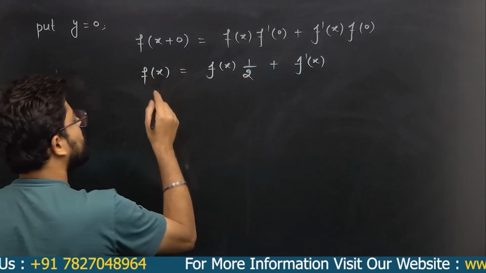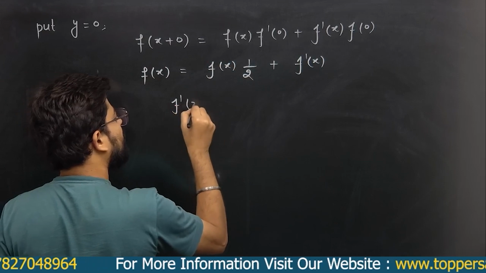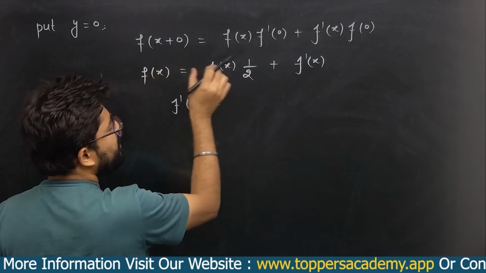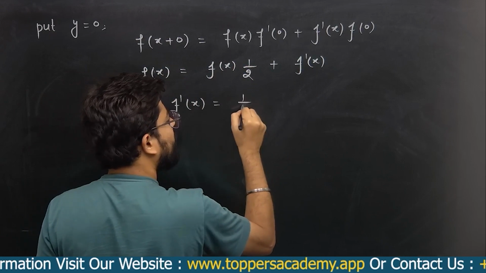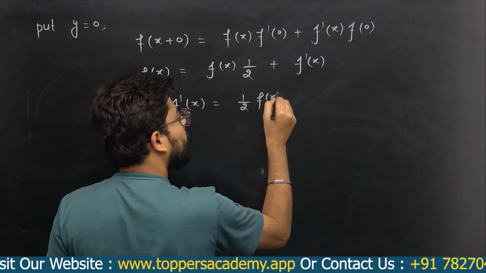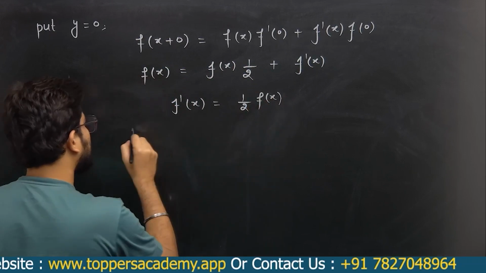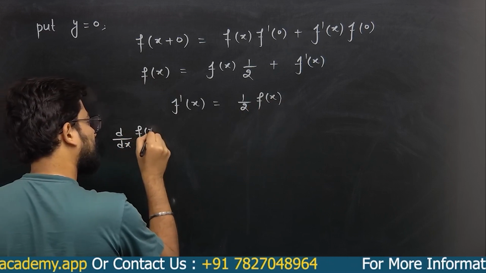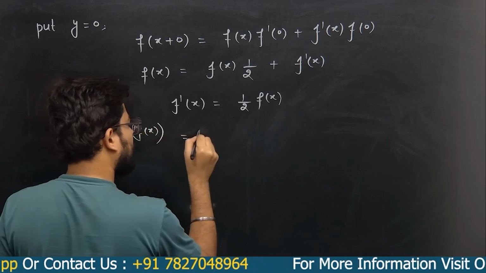When you simplify, you will get f dash x is equal to f of x minus half f of x, that is half of f of x. So f dash x, that is d by dx of f of x, is equal to half times f of x.